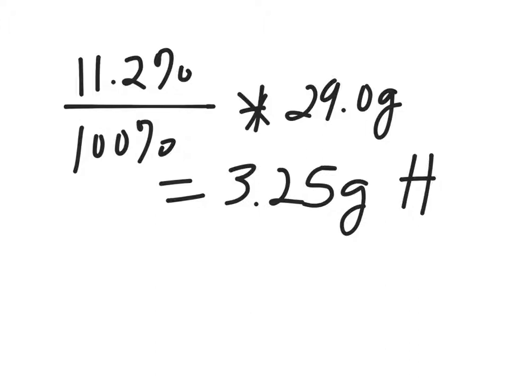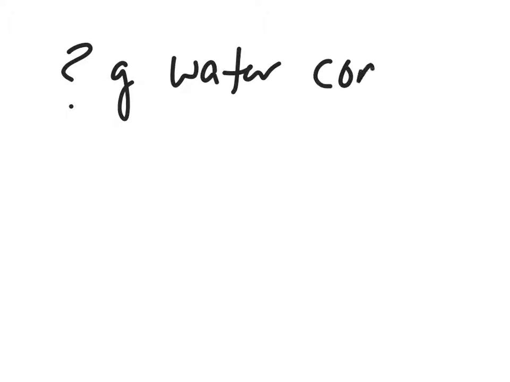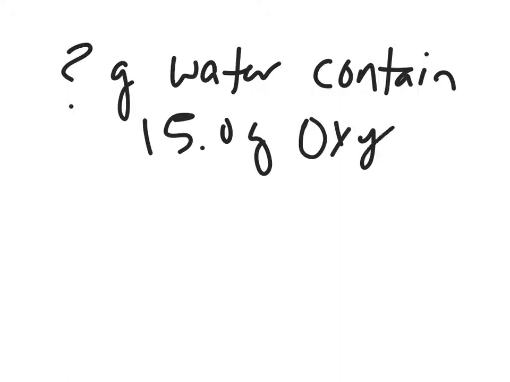So let's take another example. Let's say we wanted to know instead what mass of water, so how many grams of water do we have to have in order to contain 15 grams of oxygen.